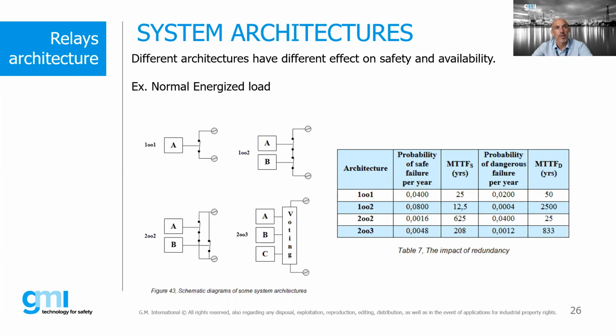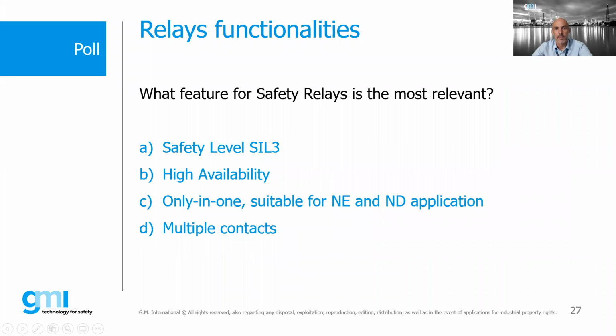So I already introduced the next poll. I want to ask you to answer. So if you can take your time. We are talking about availability and safety. We want to ask you what is the most important part for you: better safety or better availability, or what you want to ask, if you need multiple contact relays and so on. Thank you for voting.